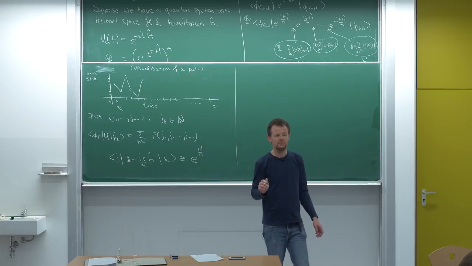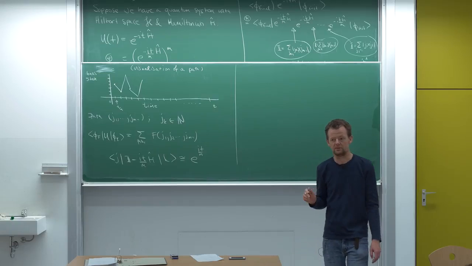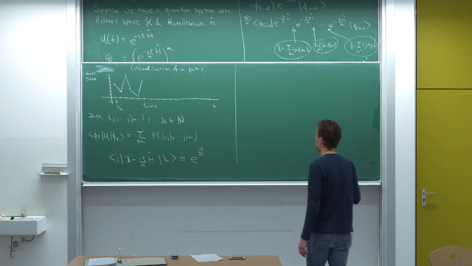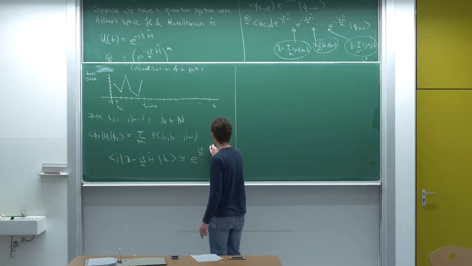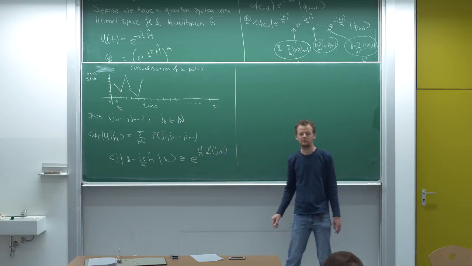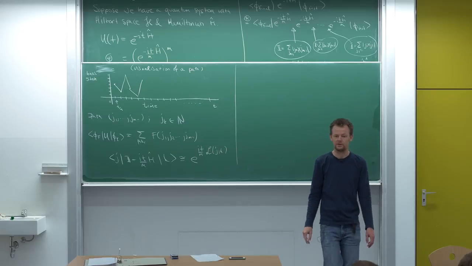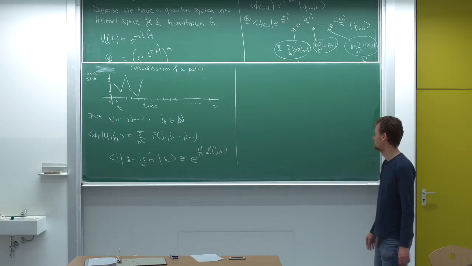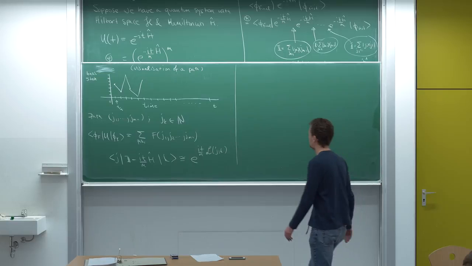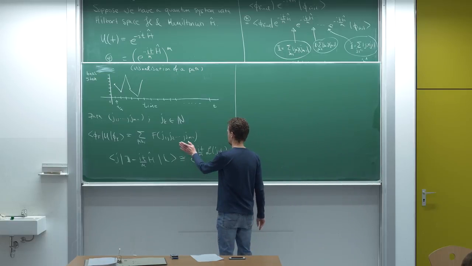And the way to proceed, the way that really leads to something interesting in the path integral setting, is to write that as the exponential of some function L of j, comma, k. Actually, I suppose I'll just take out this i t over m.